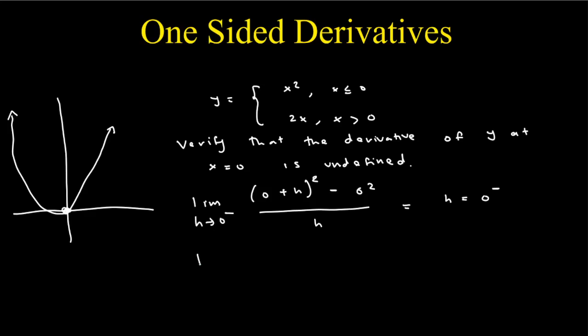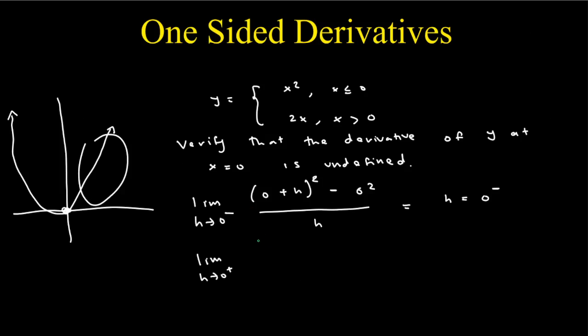And then limit as h tends to 0 from the positive side, and this is our right-hand derivative, and we're going basically from the right to the left, and so it's this function. Previously it was this function as we're going from left to right, but from right to left it's a different piece that describes the whole function.